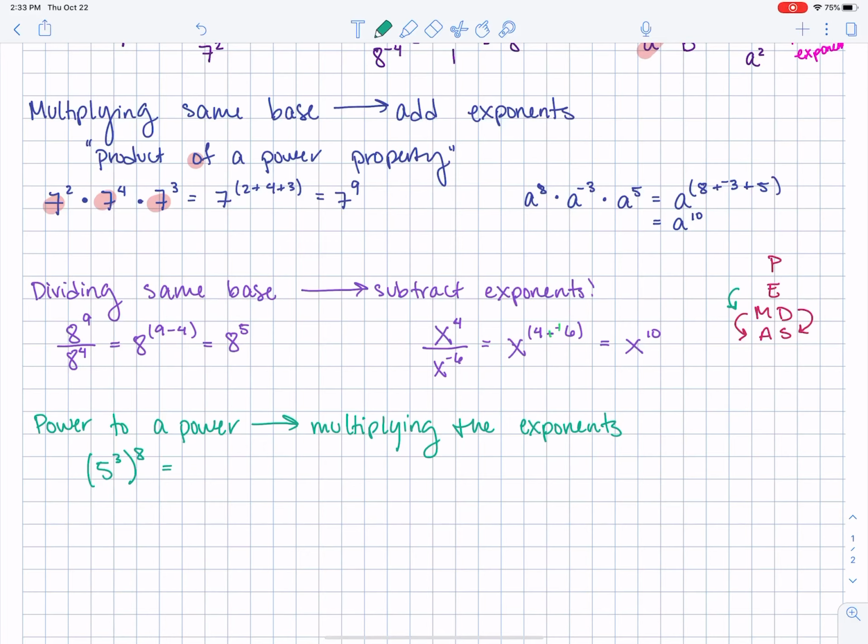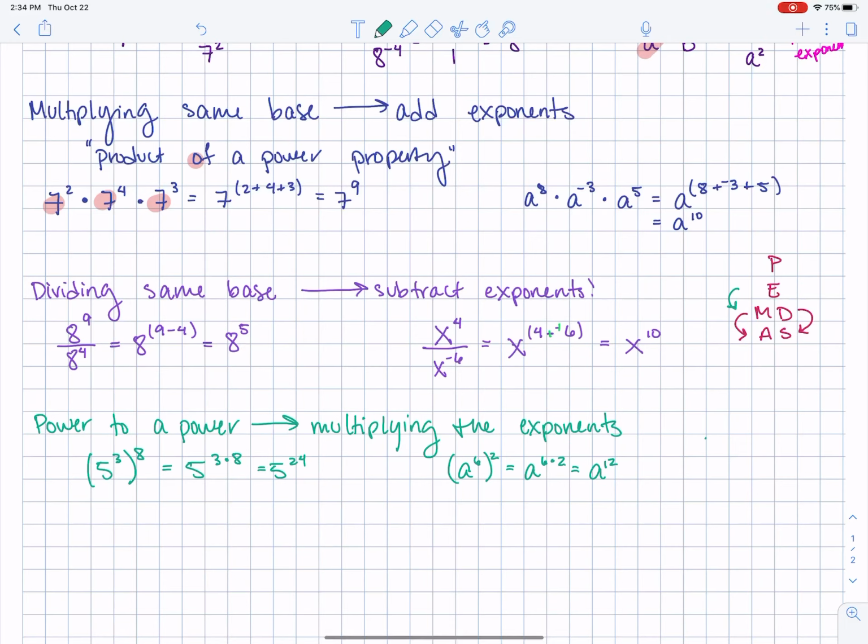So this ends up being 5 to the power of 3 times 8, which is 5 to the power of 24. And same thing on your variables. So a to the power of 6 all to the power of 2 means a to the power of 6 times 2. That means a to the power of 12.